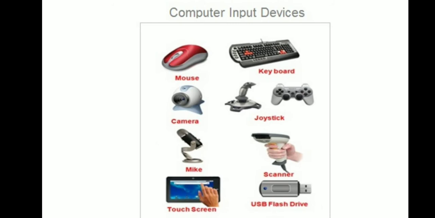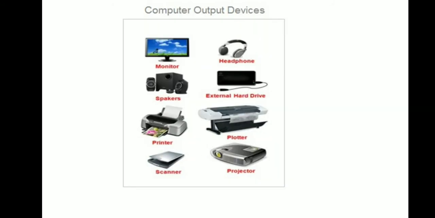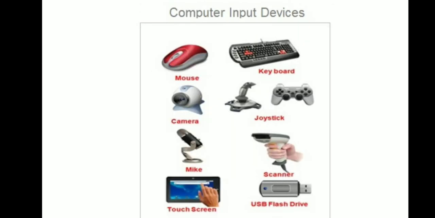They are called external hardware components. External hardware components are again subdivided into three categories: computer input devices, computer output devices, and at last storage devices. So these three are external devices.